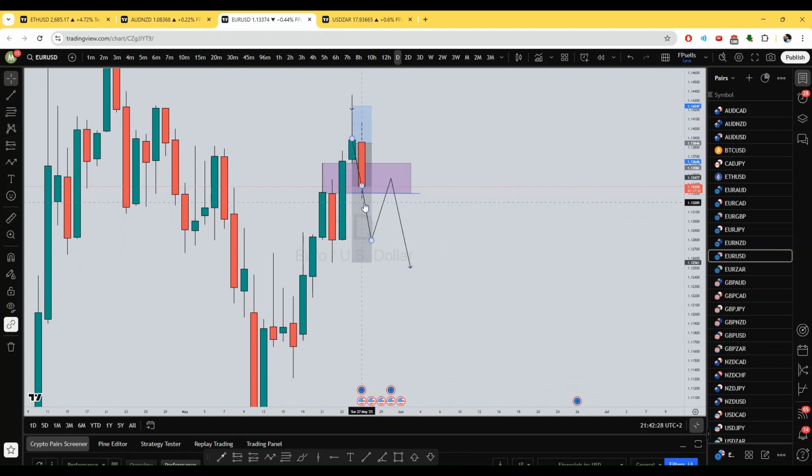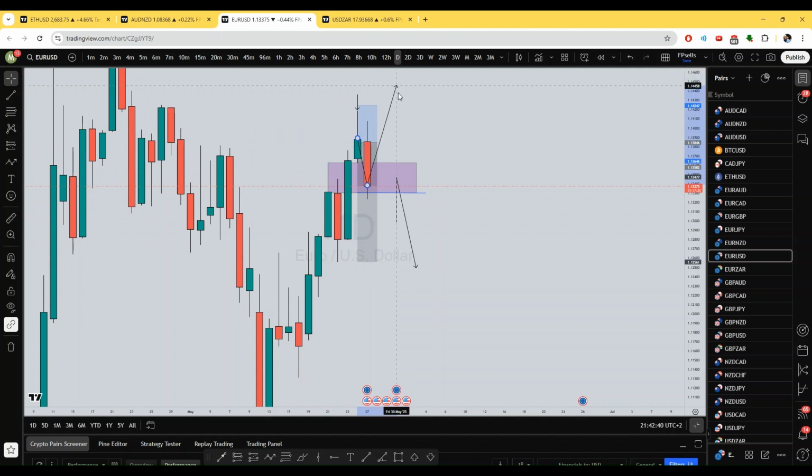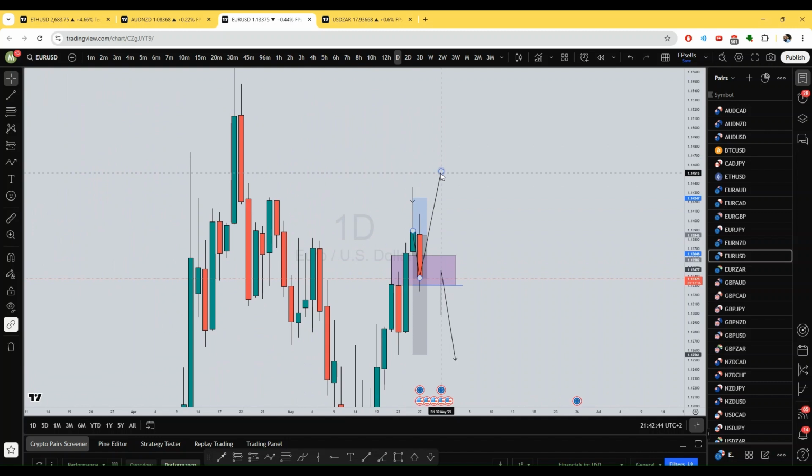But then if that does not happen and our close is in here, then the odds are very high that we can get maybe a retest of this higher zone here before we get the drop, or even a continuation to the upside, targeting these previous highs here. So for now, we'll just wait.